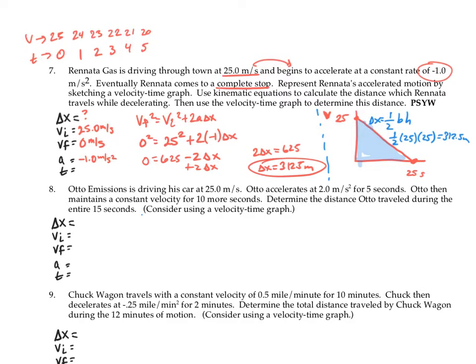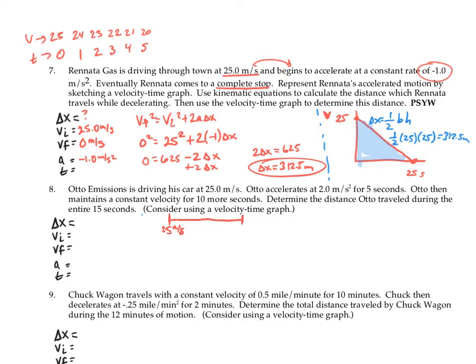Otto is speeding up. So let's draw a picture here. Otto starts at 25 meters per second. Then he speeds up for 5 seconds.